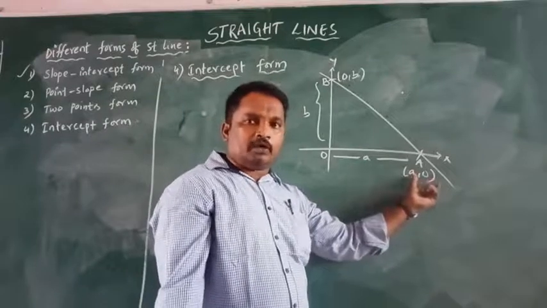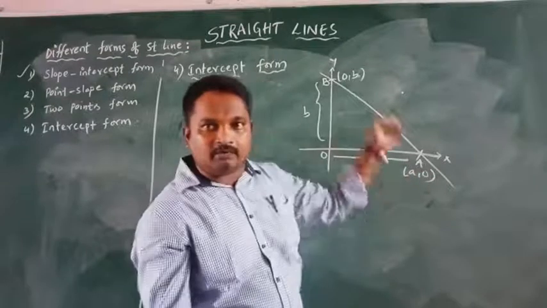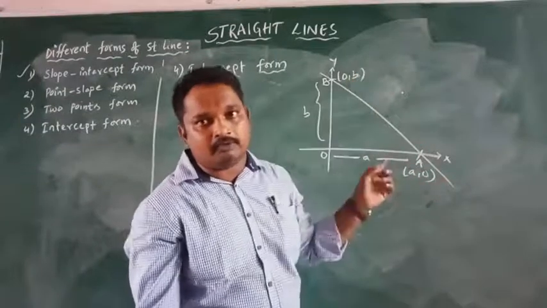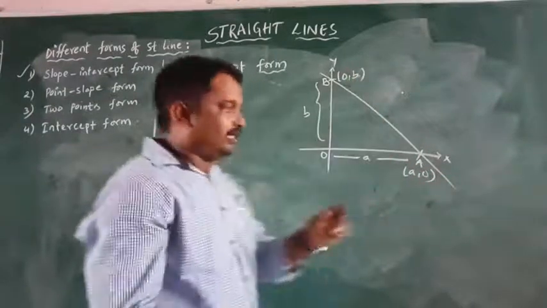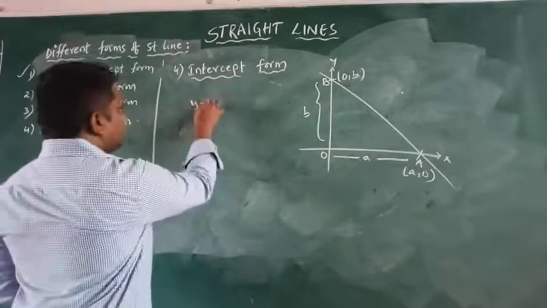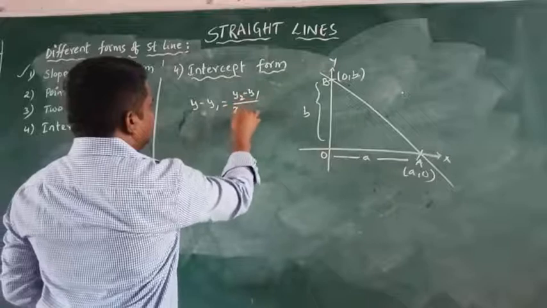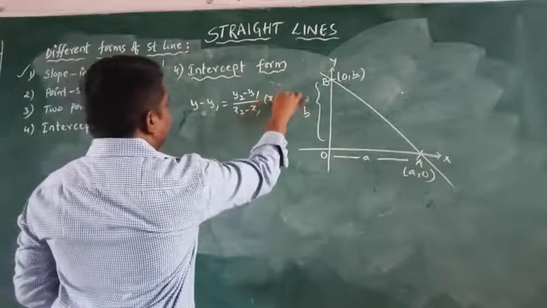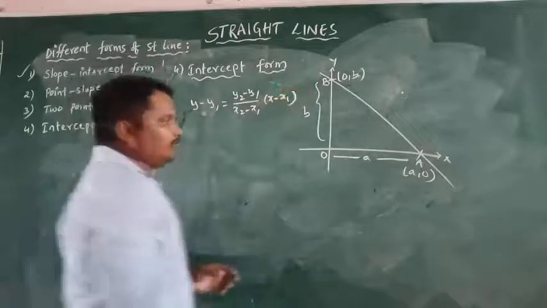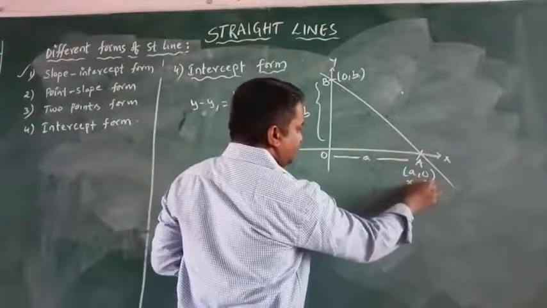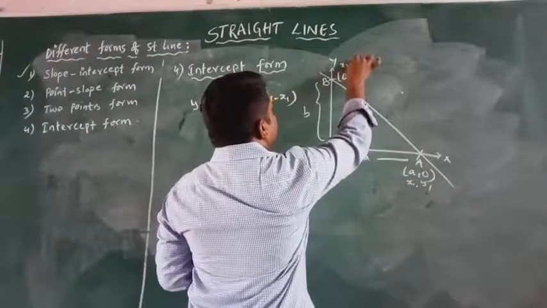If you know two points, then previously we explained the two-point form. Using that we can write: y minus y1 equals (y2 minus y1) by (x2 minus x1) times (x minus x1). So I am taking this as (x1, y1) and this as (x2, y2).